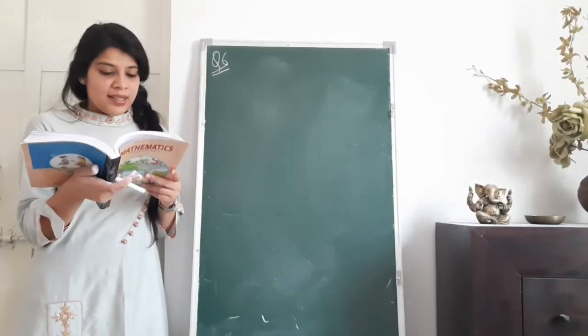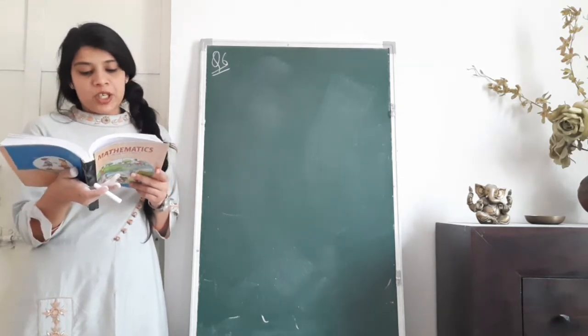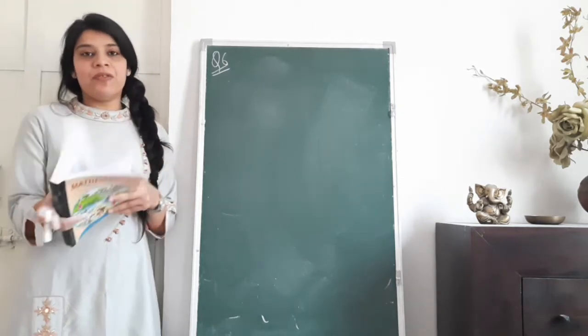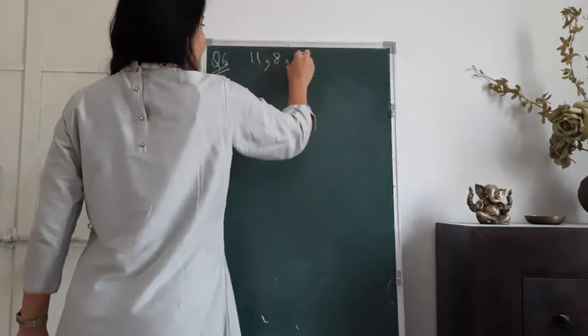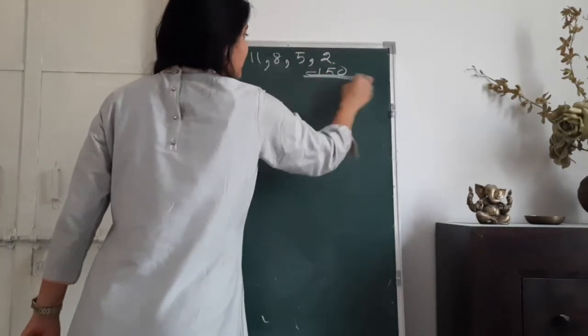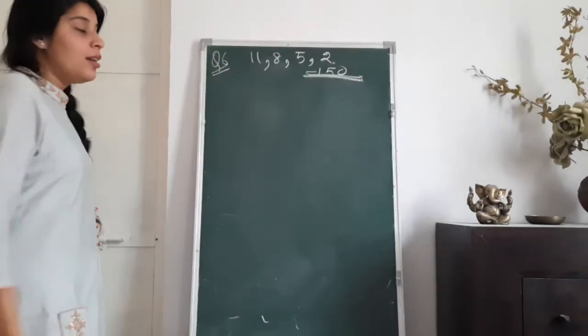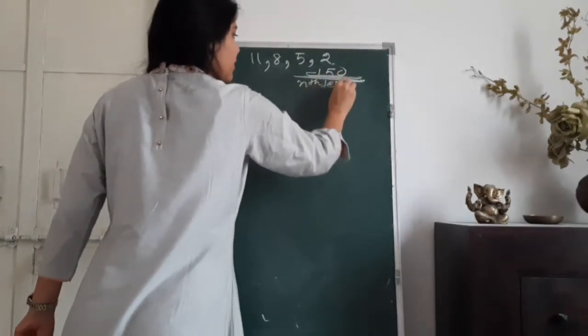So now let's start with the 6th question, which is: check whether minus 150 is a term of the AP 11, 8, 5, 2 or not. Your arithmetic progression is 11, 8, 5, 2 and you have to check whether minus 150 is a term of this arithmetic progression or not. Let us suppose that minus 150 is some term of this AP.